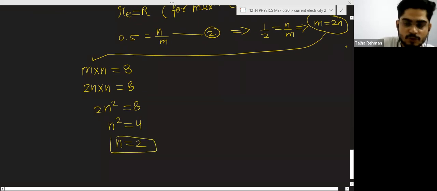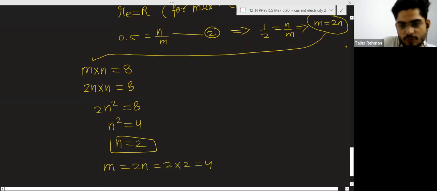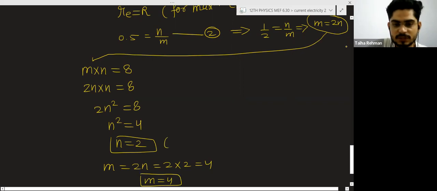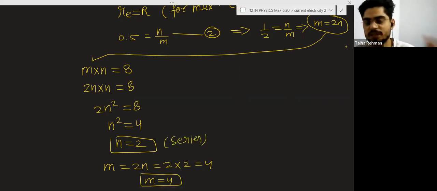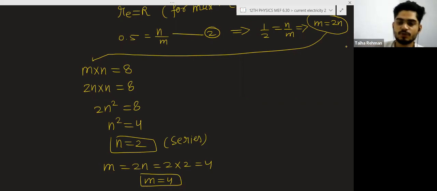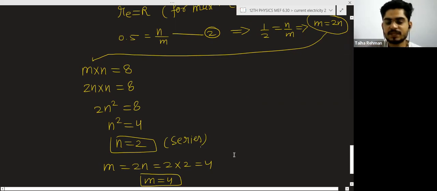And you have n now, you can find m. M is equal to 2n means 2 into 2 is equal to 4. So m is equal to 4. Means 2 cells you will connect in series, and you will have such 4 rows of series combination.